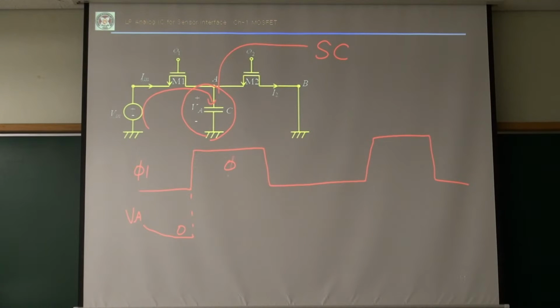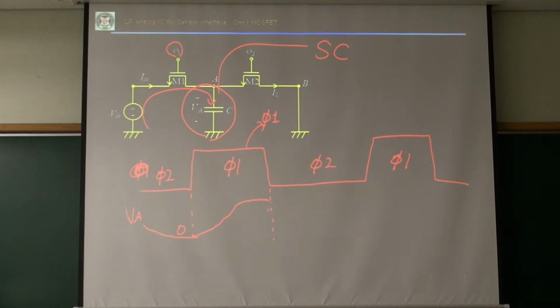So this is phi 1 phase, this is phi 2 phase, this is phi 1 phase, right? This is phi 2 phase. So this clock is just a phi 1 clock. Give me charge, so it just rises up.